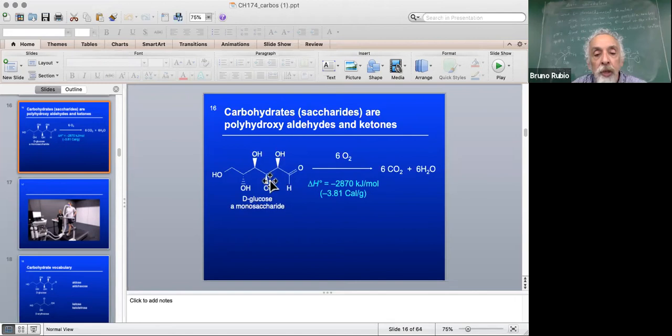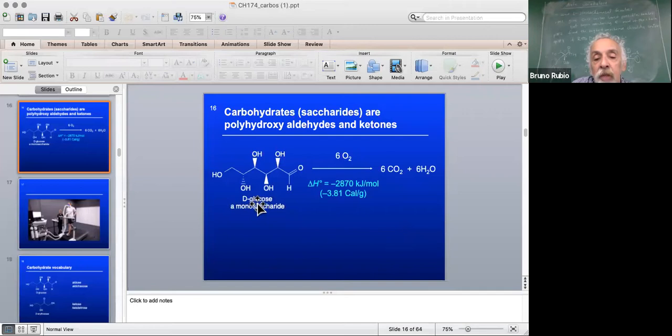It's an aldohexose. It also belongs to the D stereochemical family because the highest numbered chirality center has the R absolute configuration. There's also L-glucose, but L-glucose is not a source of metabolic energy. Only D-glucose can be used to derive energy. So that's why these D and L designations are important.